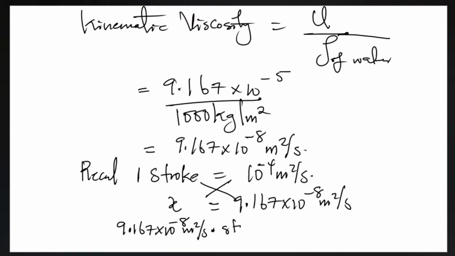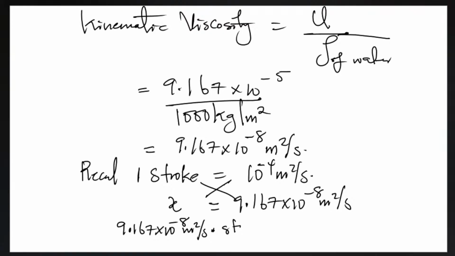Now from our second question, we're given that the space between two parallel plates is filled with oil. Each side of the plate is 720 millimeter. So basically you are given the area of the plate.